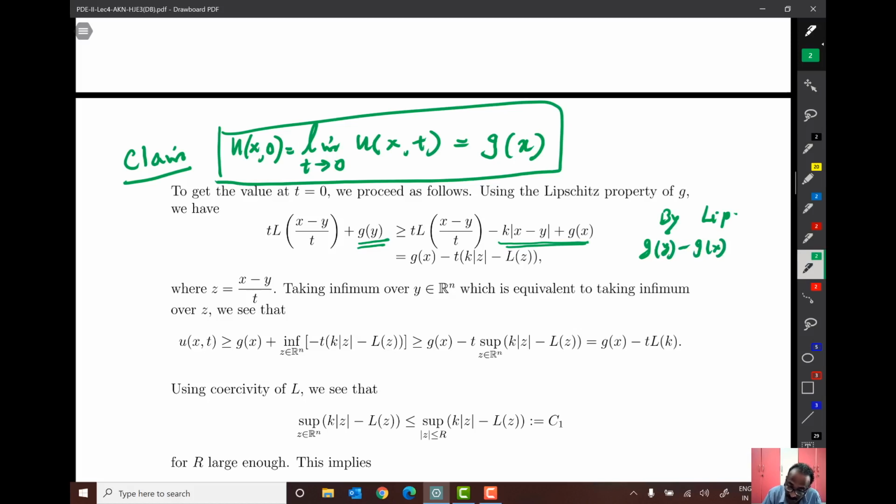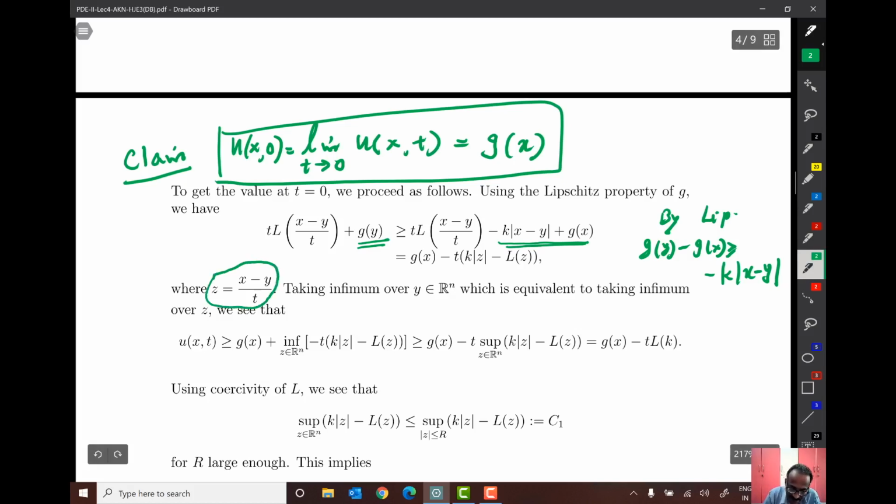But if I want a lower inequality, you put a sign: g(y) minus g(x) is greater than or equal to minus K|x minus y|. That's true. So g(y) I put here, g(x), and minus K I have taken here. This is just an application of the Lipschitz continuity of g. So I take t and put z equal to (x minus y) by t.